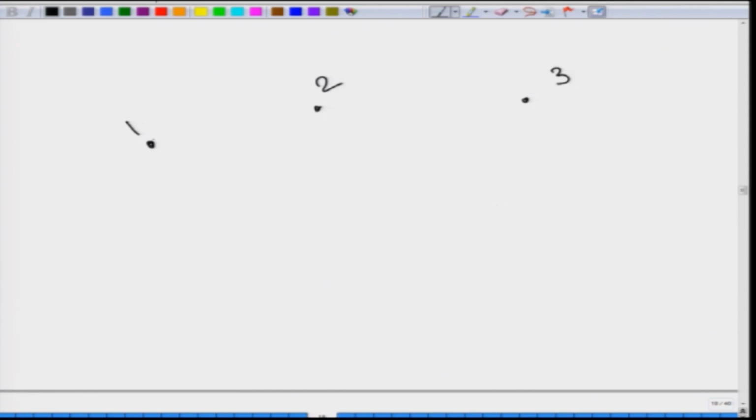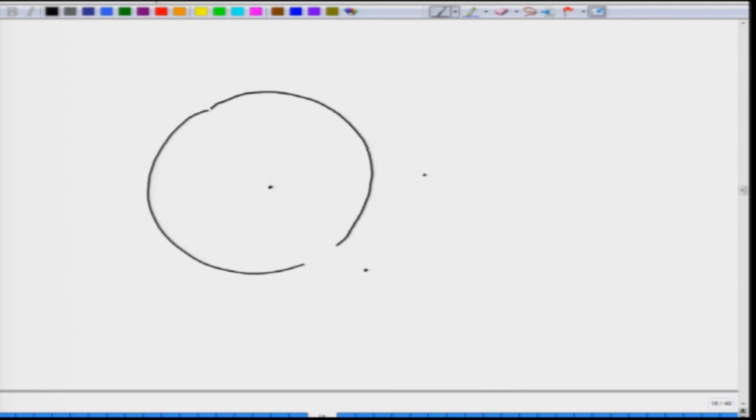Now, if you know the distance from the first satellite, you can construct a sphere. Let us say this is the first satellite, this is the second satellite, and this is the third satellite. If you know the distance from the first satellite, you can construct a sphere and your location is somewhere on this sphere.